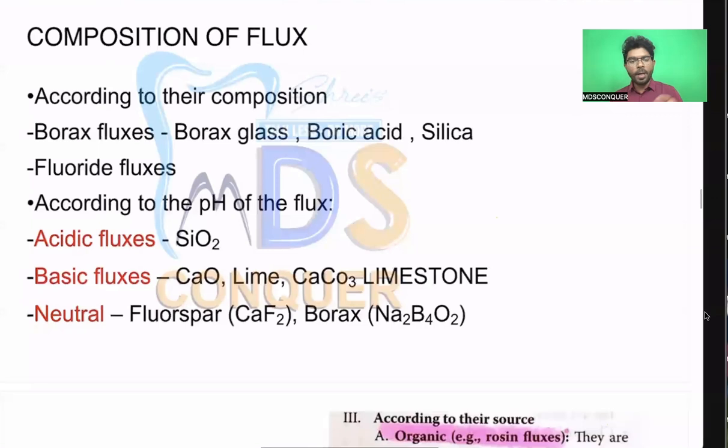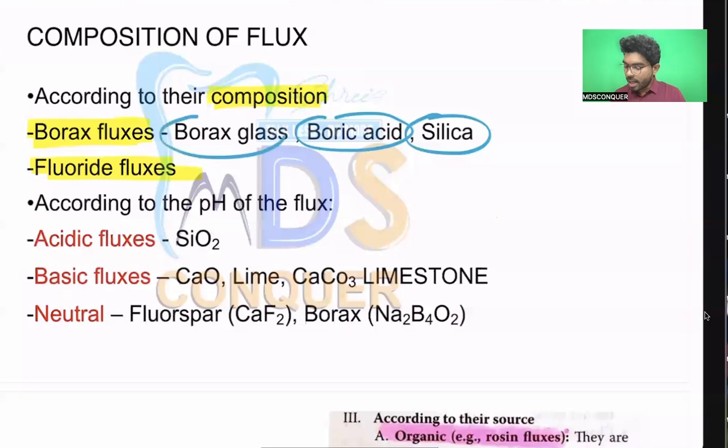Next one, if you jump into different types of fluxes basing upon their composition, fluxes are basically divided into borax fluxes and fluoride fluxes, in which the borax is going to have boric acid, silica, and borax glass. Fluxes are again divided basing upon the pH of the flux that is being used, let it be acidic pH, basic pH, or neutral pH.